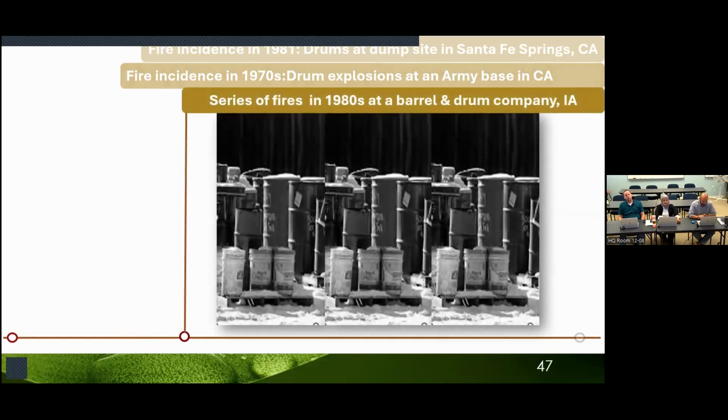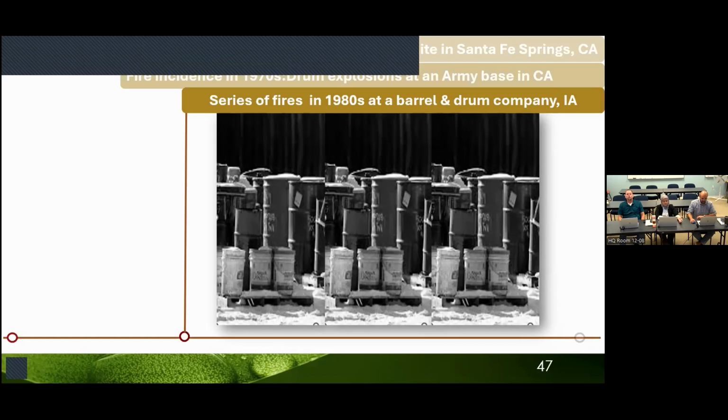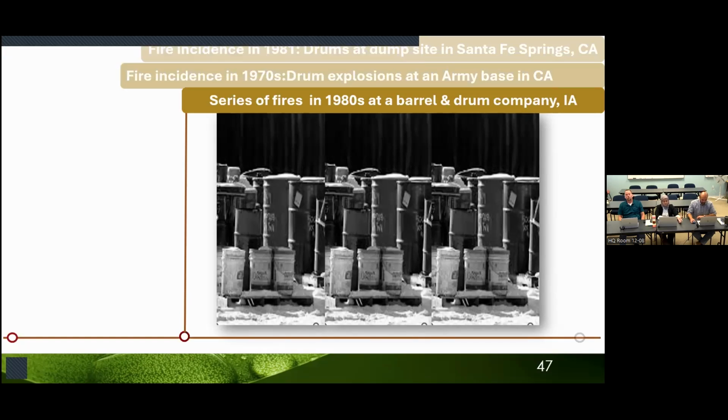Another major incident happened at one of the Iowa-based barrel and drum companies in the same era, where hazardous waste like paints and herbicides were processed improperly. This led to a series of multiple fires in the 1980s, and the company was shut down later, leaving behind thousands of barrels of hazardous waste. Later, the US EPA took over the cleanup under Superfund.